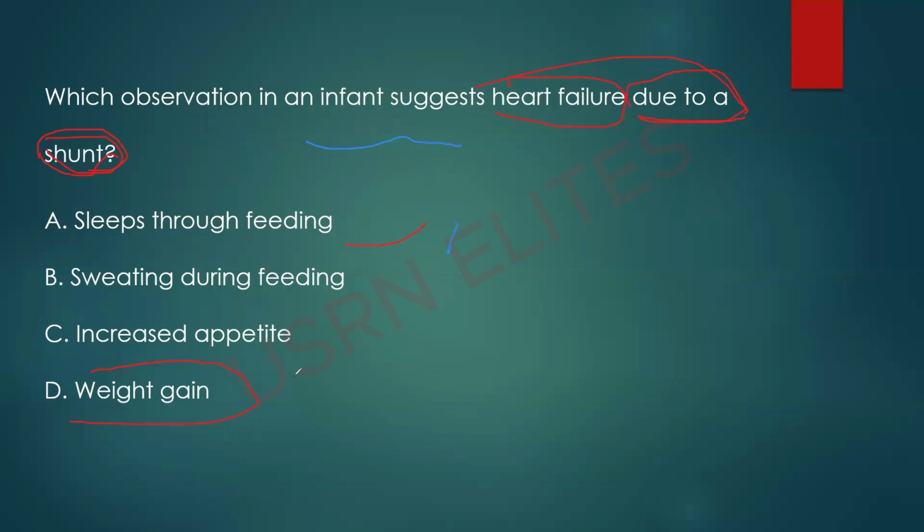Sleeping through feeding, not an increased appetite, right? Then weight gain. This is linked to something like failure to thrive. It's likely to be a tet spell happening. Looking at the options here, they are all targeting that. There are several ways you can digest this question.